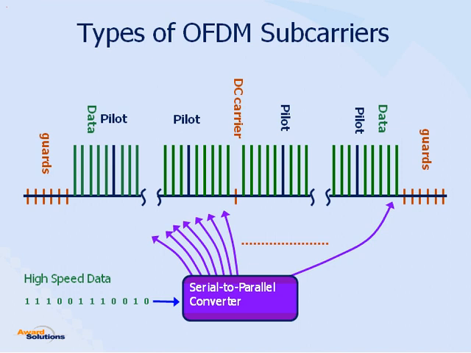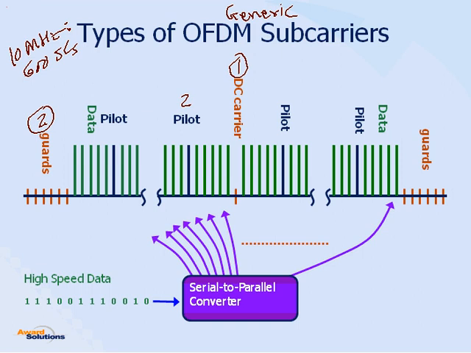Now, subcarriers. We just gave an example that if I have 10 megahertz bandwidth, I would have 600 subcarriers. Now, in general, a generic OFDM system will have 4 types of subcarriers. So let's give some numbers here.